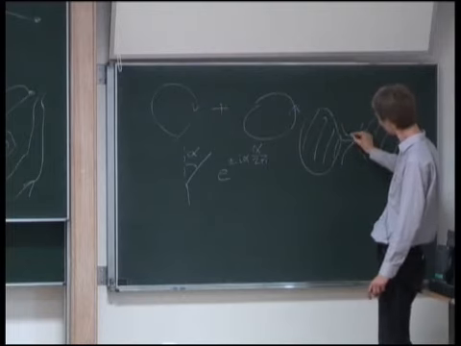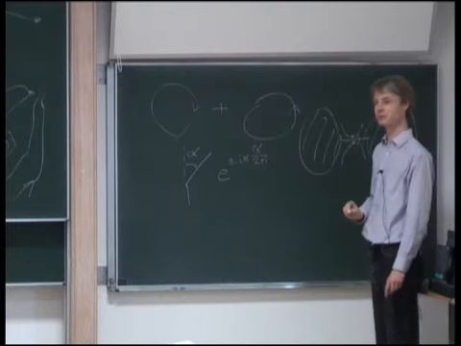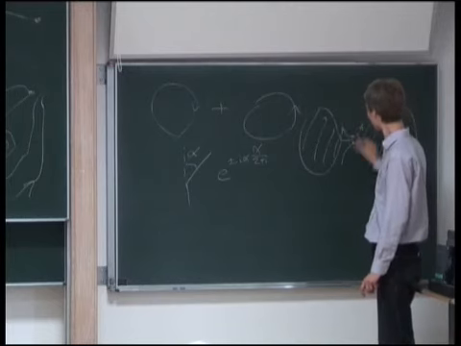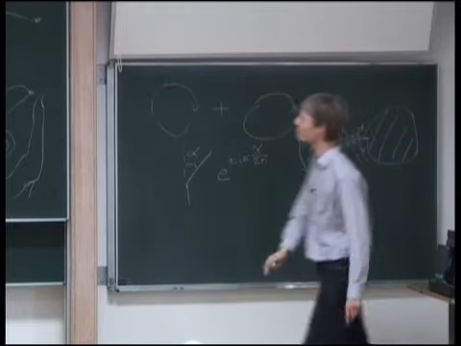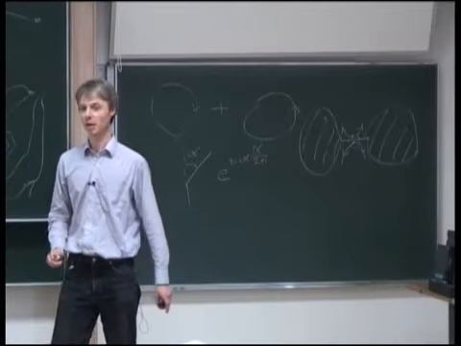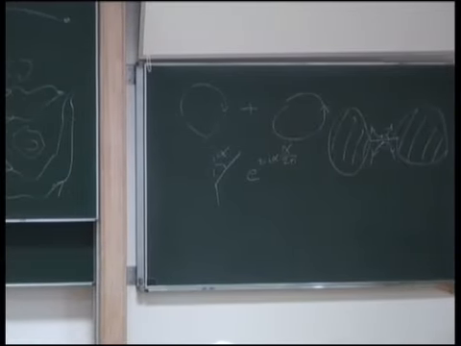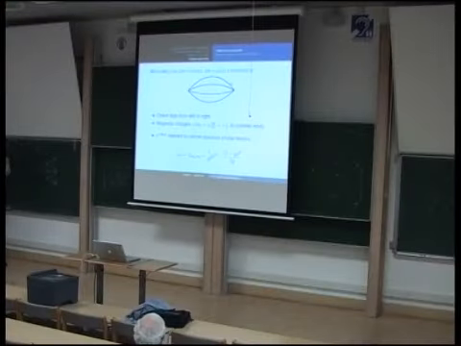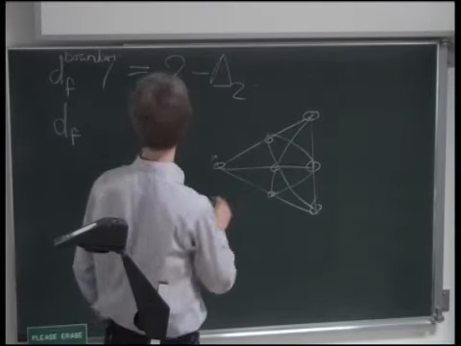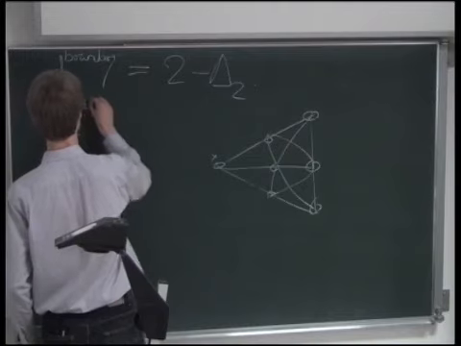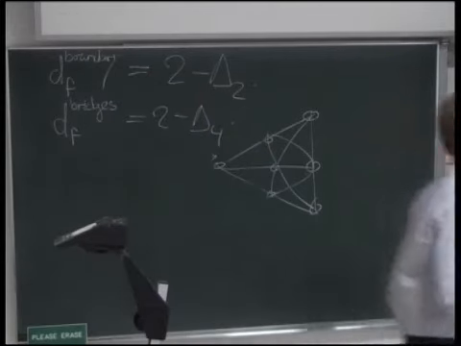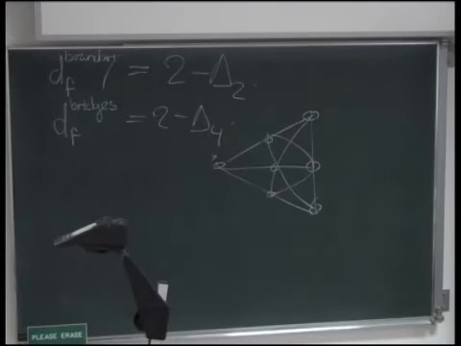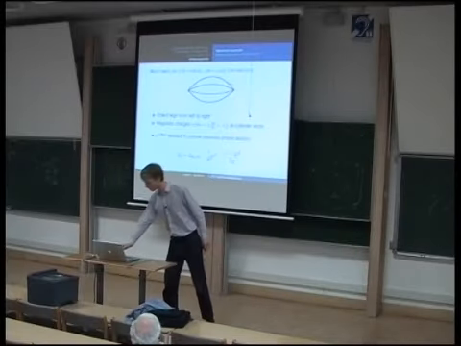So it's like 2 very close nearby points, which will spit out 4 legs. So I can mark these guys by having this construction with L equals 4. So then d fractal of bridges is going to be 2 minus delta 4. So I learn a lot about the geometry of FK Potts clusters in this way.